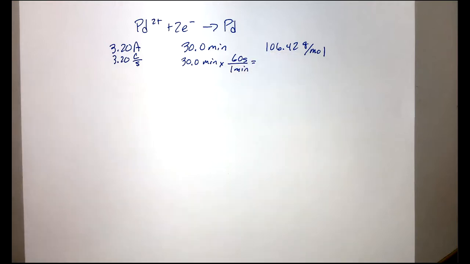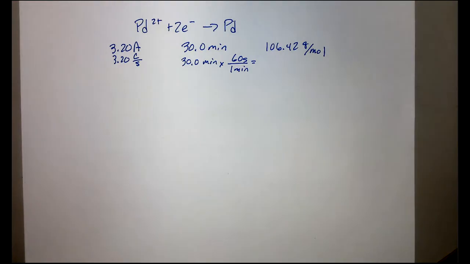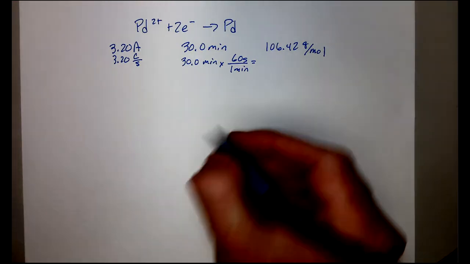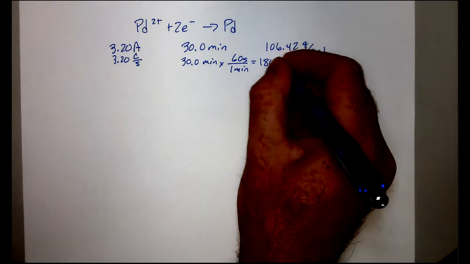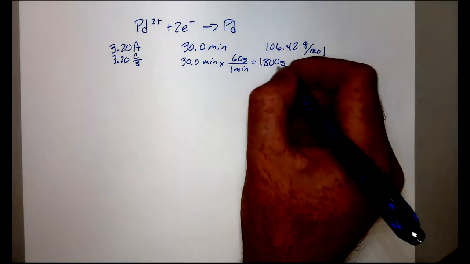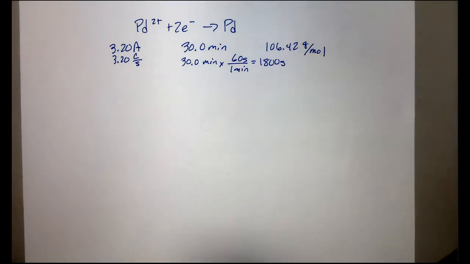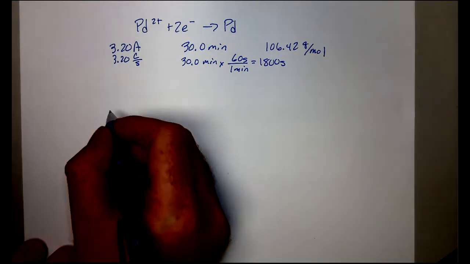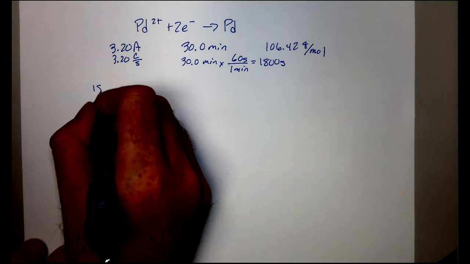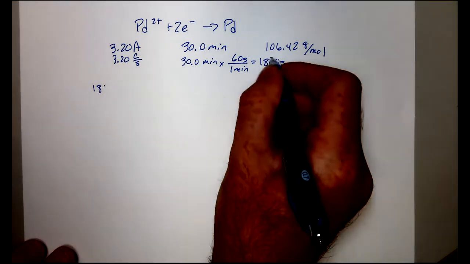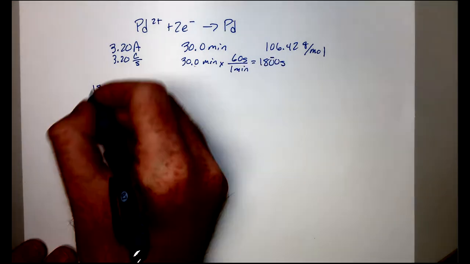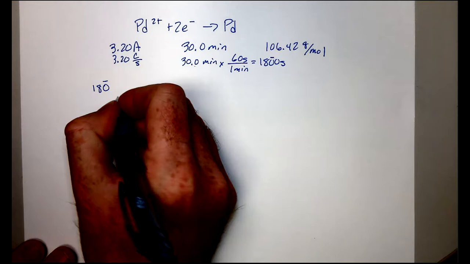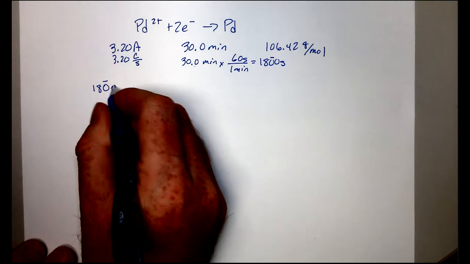You're going to have to run that through your calculator, which you may be able to do in your head, but that's going to be 1800 seconds. Now I'm ready to start. Let's start with that 1800 seconds. We'll consider that 3 sig figs since I started with 3 sig figs here. So we'll treat that 0 as significant.